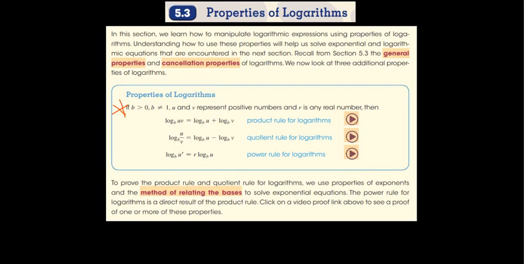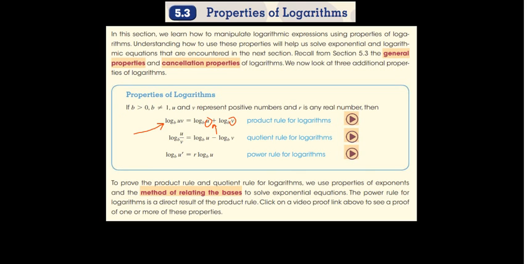Okay, so if we have the log of some base, and we are multiplying 2 separate numbers, then we can expand log base b of uv to log base b of u plus log base b of v.